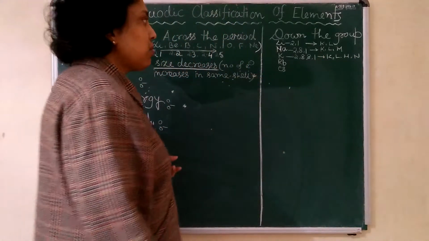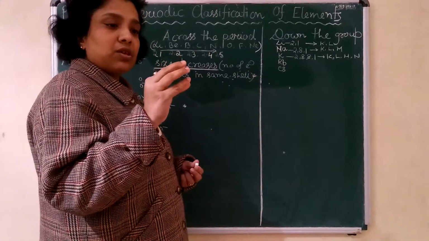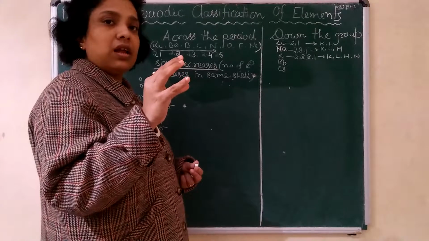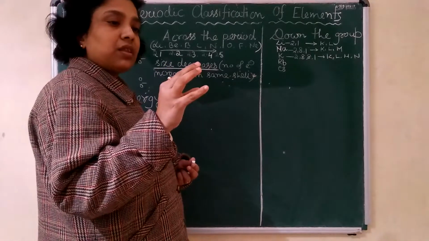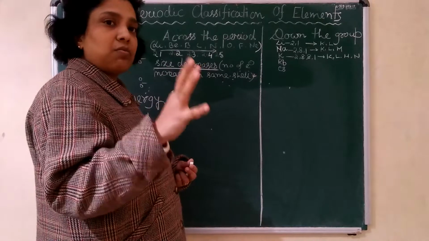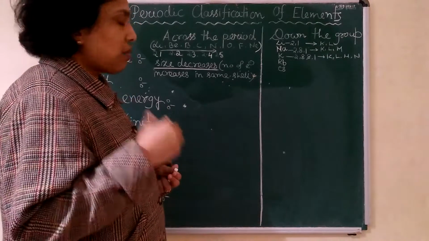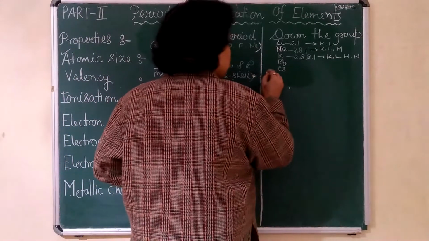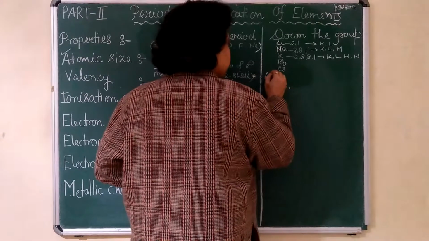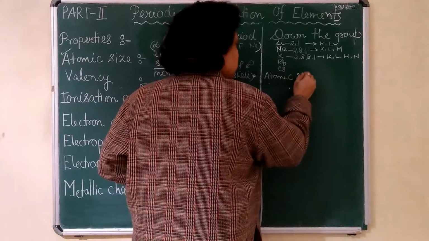So as the number of shells increases, first shell, second shell, the valence electron is in the second shell, then the third shell, then the fourth shell. So as the number of shells is increasing, what will happen? Size will also increase. So here, atomic size increases.